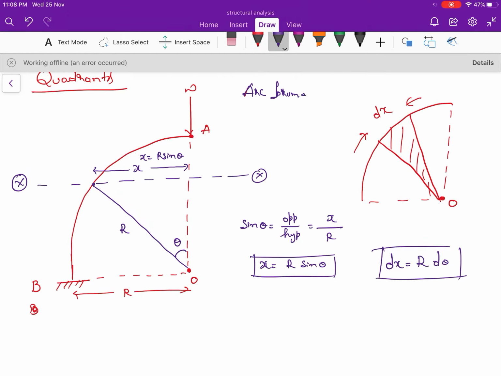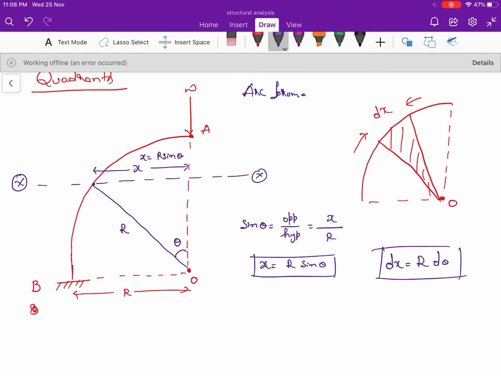We know the formula: strain energy is equal to the integral of Mx square dx divided by 2EI, from 0 to pi by 2 in this quadrant, because the angle is varying from 0 to 90 degrees, that is, 0 radians to pi by 2 radians. This is in terms of quadrants.